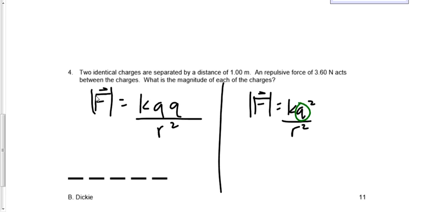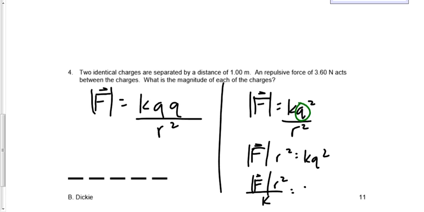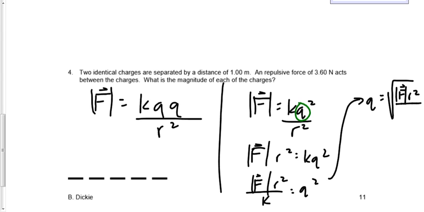Solving for Q here, the R squared goes up by multiplying. F times R squared equals K times Q squared. Divide by K. And then what are we going to do? Square root it, right? So Q becomes the square root of F times R squared over K. Does that make sense now?